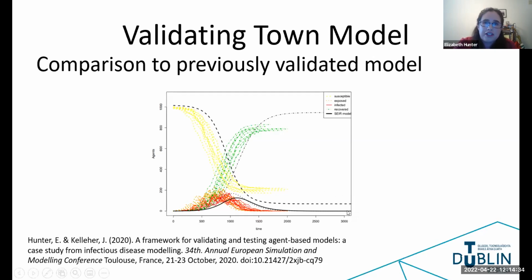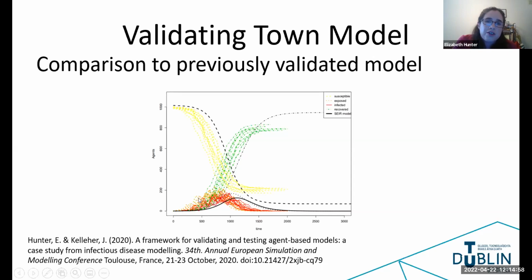This plot here shows the black lines are from an SEIR model that was parameterized for measles for the town of Skull. The colored lines are from our agent-based model. What we can see is that although they are a bit different, the agent-based model does take off a bit faster than the equation-based model.